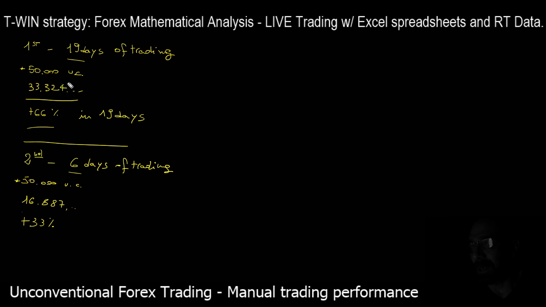If I had a prosecution from this account without having the noise of redoing an account anyway, I would have made this amount of profit plus this amount of profit, starting with 50,000.